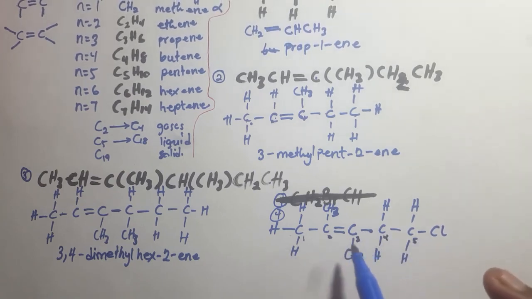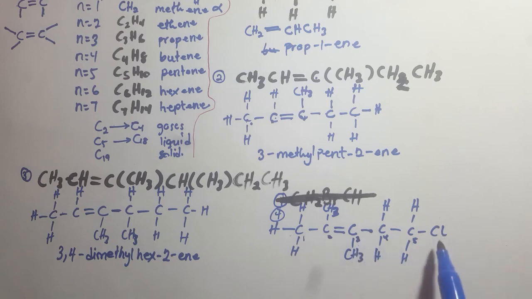Yes. So our first substituent is found on the second, and our second substituent is found on the third, which is the alkyl group. But what you need to know is that you name the inorganic substituent first before we name the organic one. So this is chlorine, and in naming we say chloro.